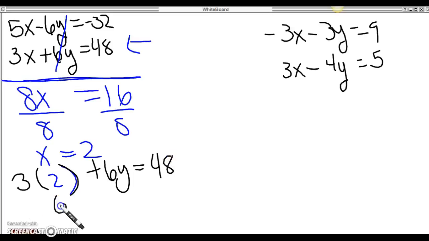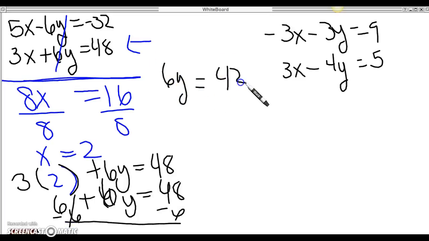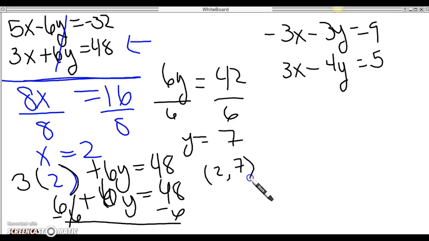Doesn't matter, I get the same thing. So I get 6 plus 6y equals 48. Subtract 6 from both sides, and I get 6y equals 42. Divide both sides by 6, and I get y equals 7. So my solution is (2, 7).